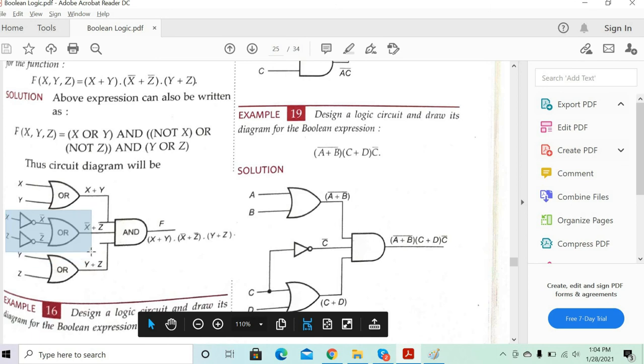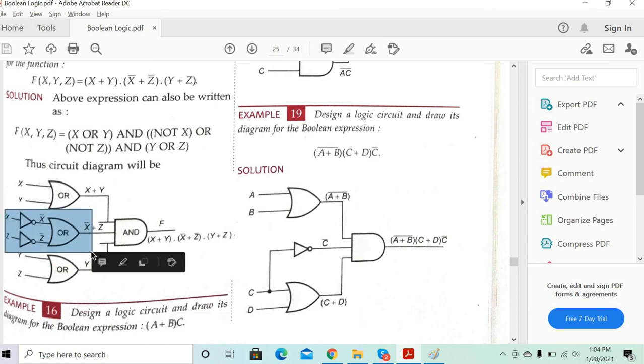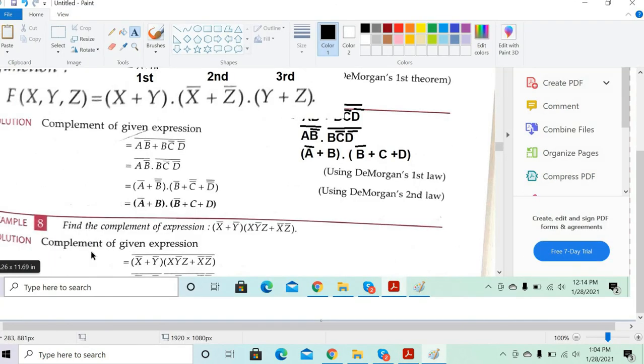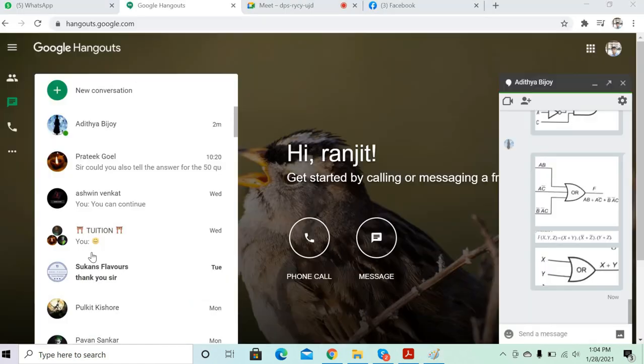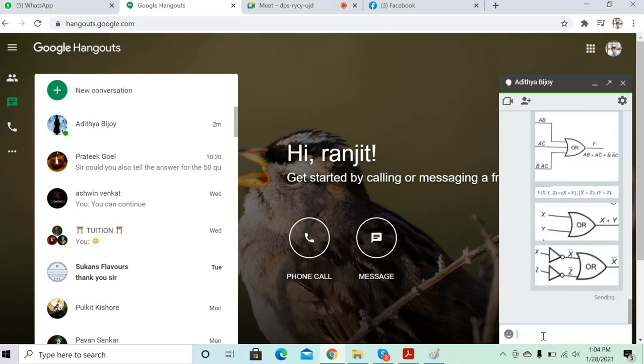So x bar and z bar can be passed through the OR gate. How will you do that? Simple again. You just pass x through the NOT gate and the output makes it x bar. The output of the NOT gate on z makes it z bar. These two inputs pass through the OR gate and it becomes x bar plus z bar. Clear?